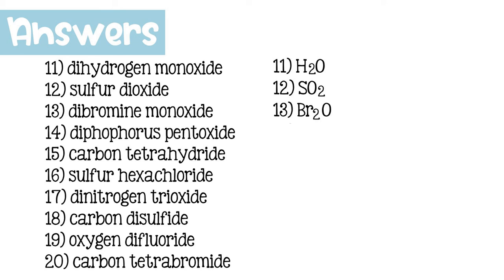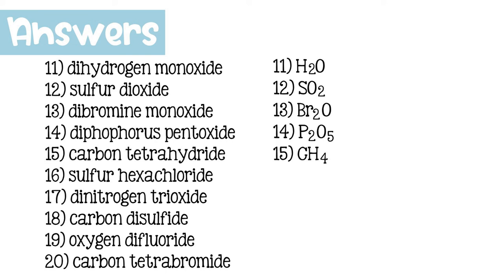Let's look at 14, diphosphorus pentoxide, di meaning 2, phosphorus, and pent is 5, oxide is oxygen. So P2O5. Now we look at 15. We've got carbon, no prefix, so there's just 1, and we've got tetrahydride, or 4 hydrogens, so CH4.